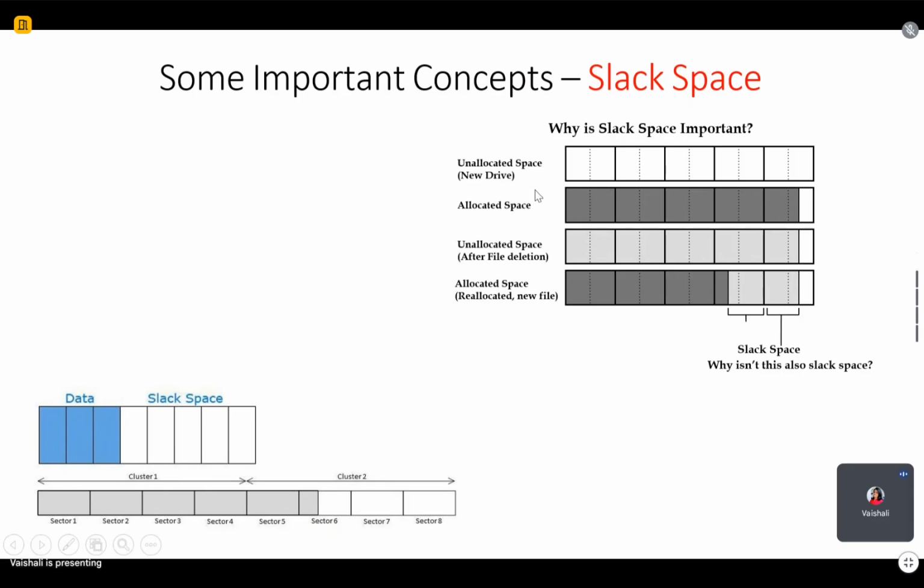Out of these 5 sectors, 4.5 sectors are utilized, and the remaining 0.5 sector has no data. After some time, if you delete those files, this becomes unallocated space, right? There is no data on those sectors.